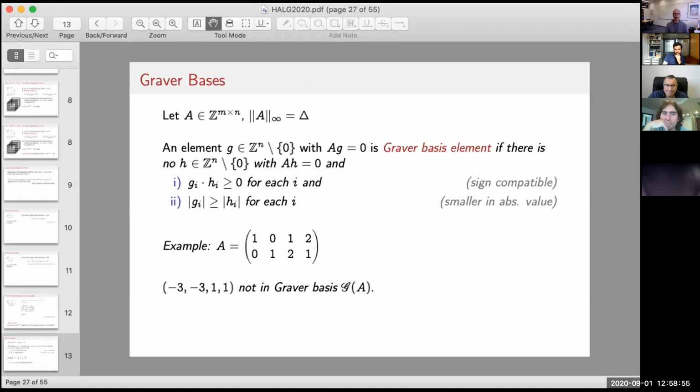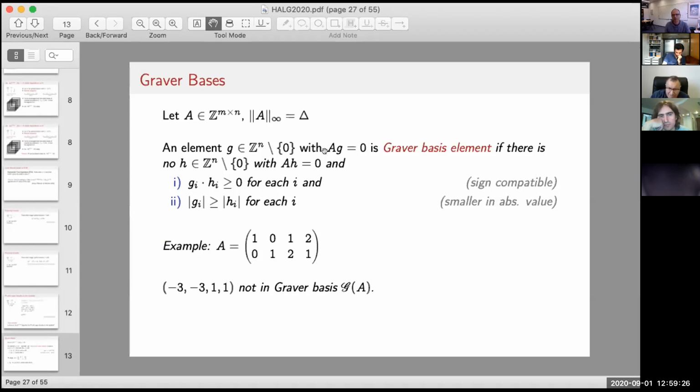Good. Now, what are Graver bases? We need to talk about Graver bases because we will talk about block structured integer programming problems later, and so-called augmentation algorithms. Now, a Graver basis is a set of vectors in the kernel of a given matrix A. Suppose that, again, the infinity norm of A is bounded by delta.